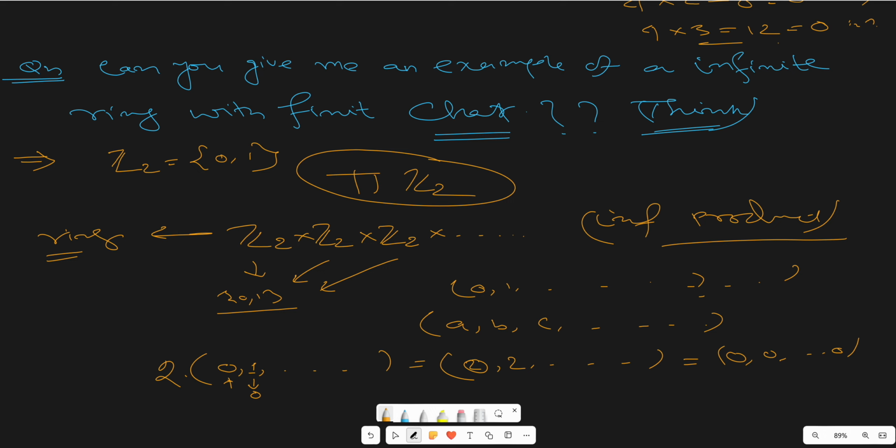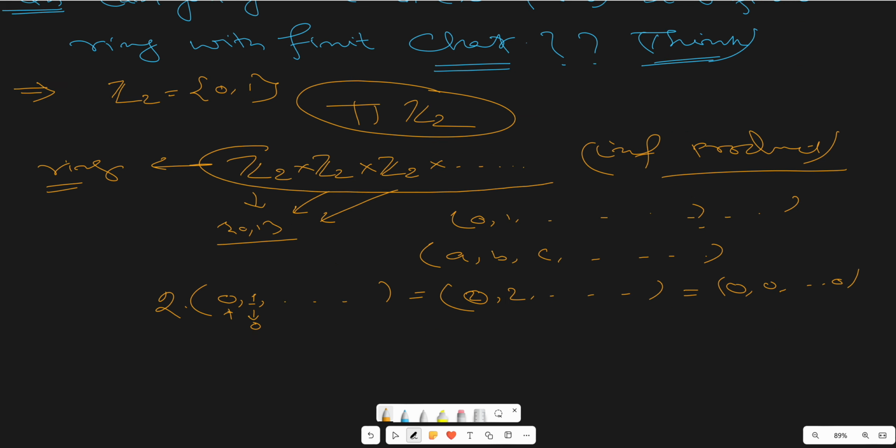So that's the idea here. This ring has characteristic 2. This is an infinite ring with finite characteristic, since 2 is a finite quantity. So this is an example.